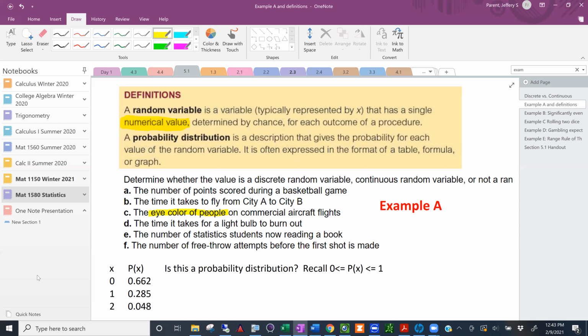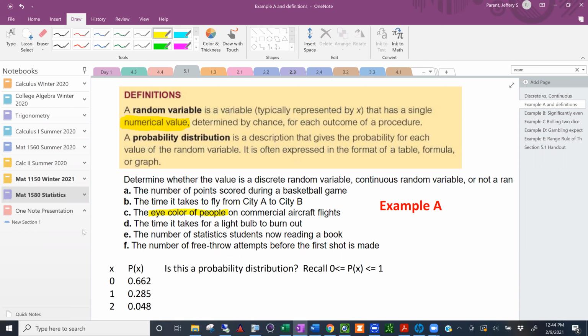And last but not least, back to basketball, the number of free throw attempts before the first shot is made. What do you think there? Can that be a continuous random variable? Can you have numbers of any value? No, you're only going to get numbers in a certain range, right? You're not going to get just anything.